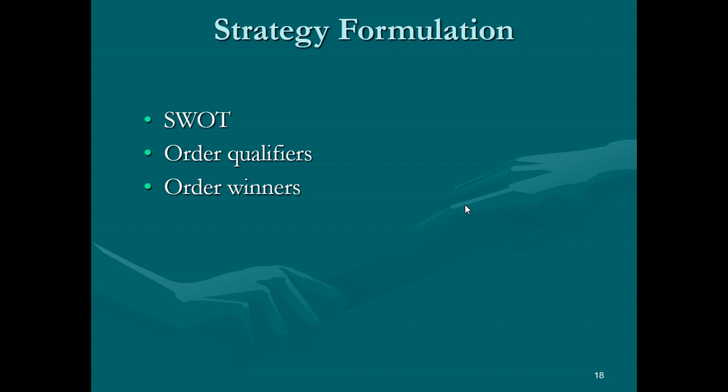Strengths and weaknesses will be found in your internal environment or inside your organization. While O refers to opportunities, and T refers to threats. Opportunities and threats are found in your external environment or external factors.